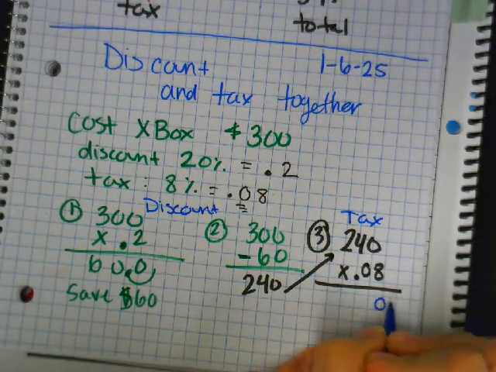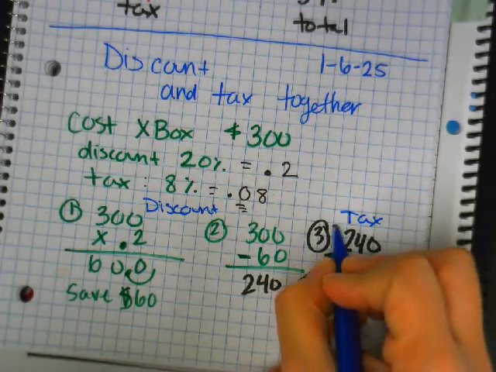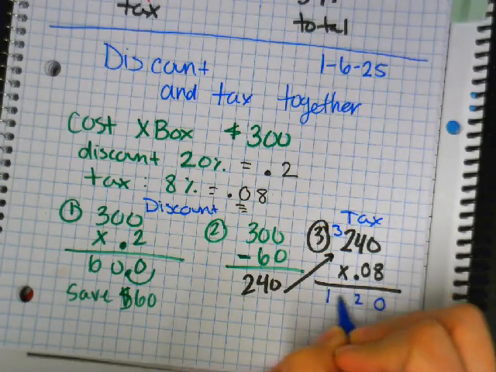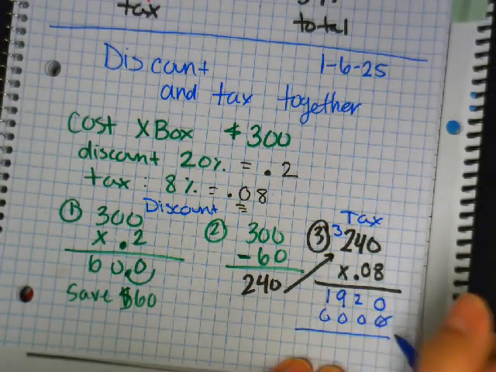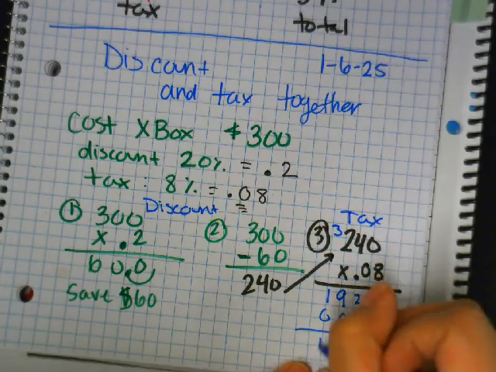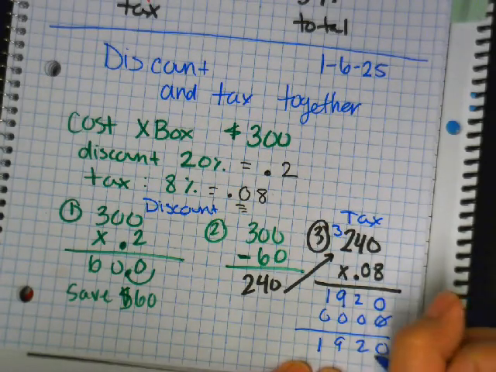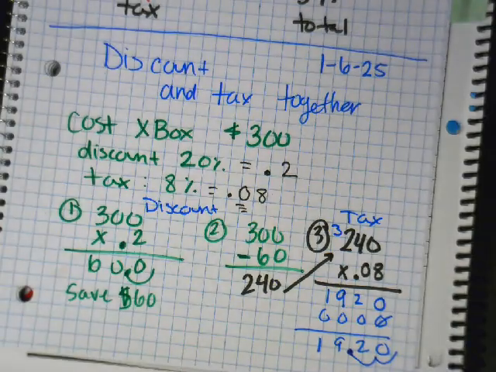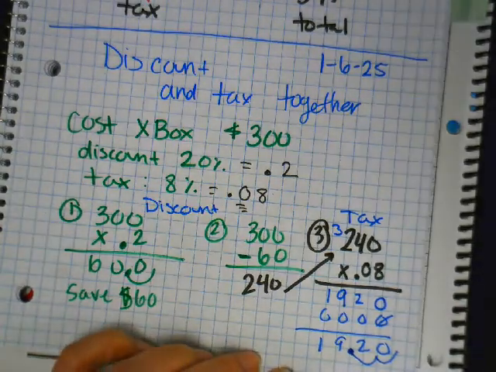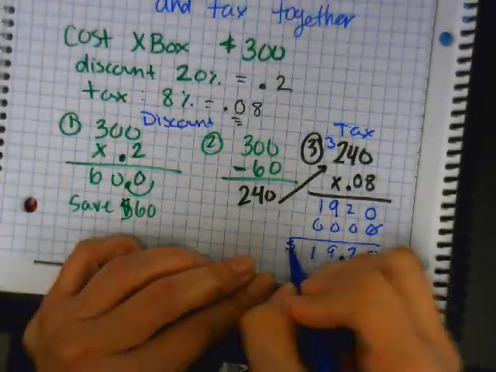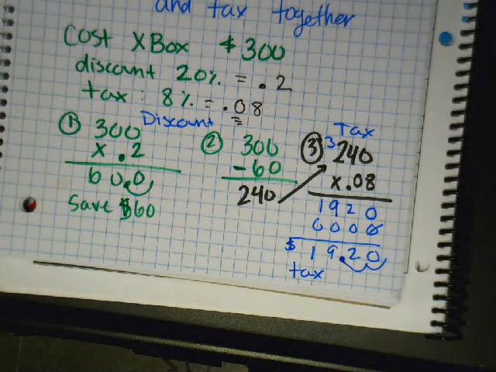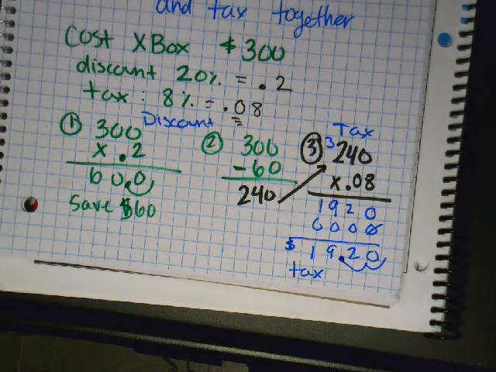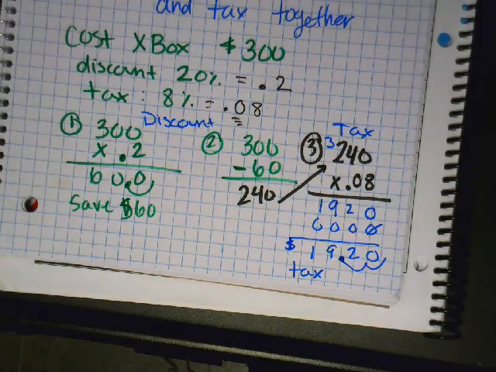So 0, 32, 3, 16, 19.20, just so you know. How many times you move it? 2. What does $19.20 represent? This is your tax. So if the question on the test says how much tax do you pay, $19.20. All right, what's our last step?